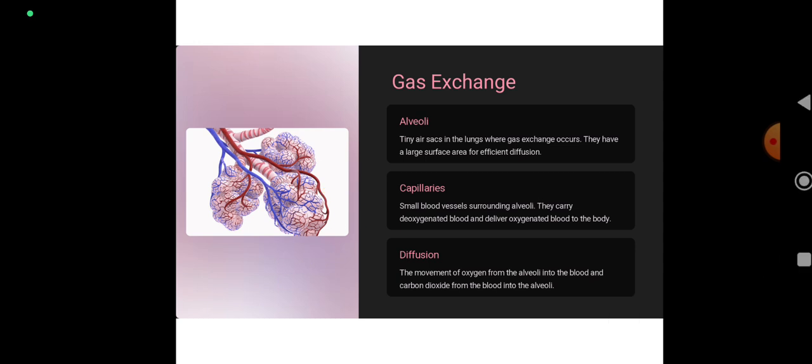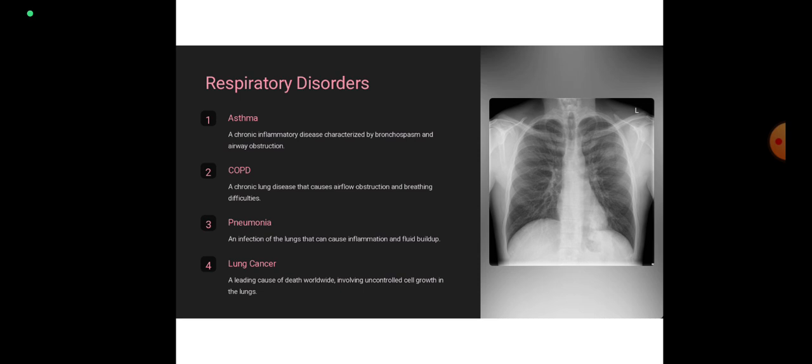Next is respiratory disorders. First is asthma. Asthma is a chronic inflammatory disease characterized by bronchospasm and airway obstruction. COPD, a chronic lung disease that causes airflow obstruction and breathing difficulties.